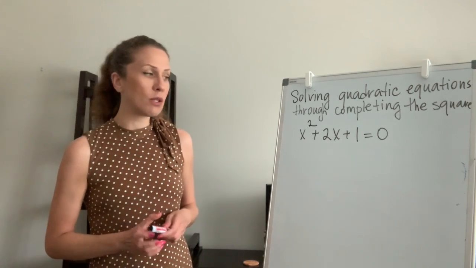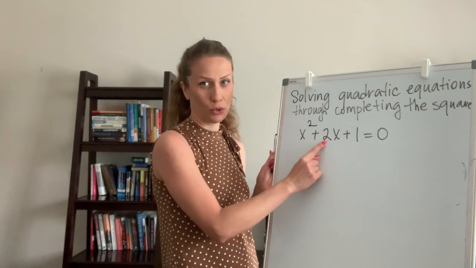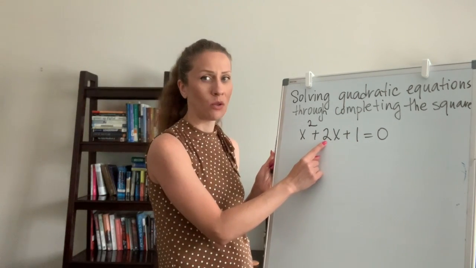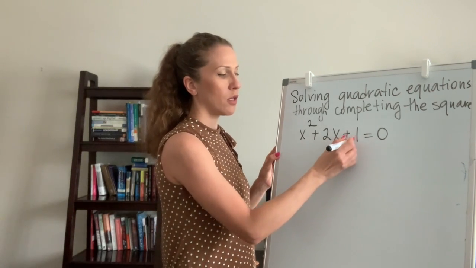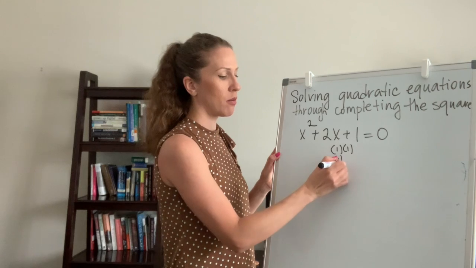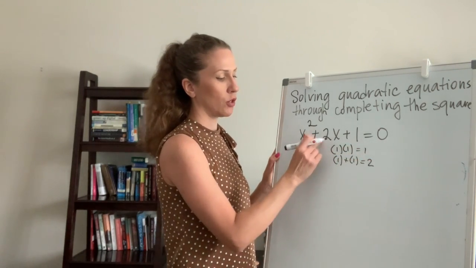All you need to do is find two numbers that multiply to 1 and at the same time add to 2. Those numbers are 1 and 1. 1 times 1 is 1, and 1 plus 1 is 2. There's 2 right here.